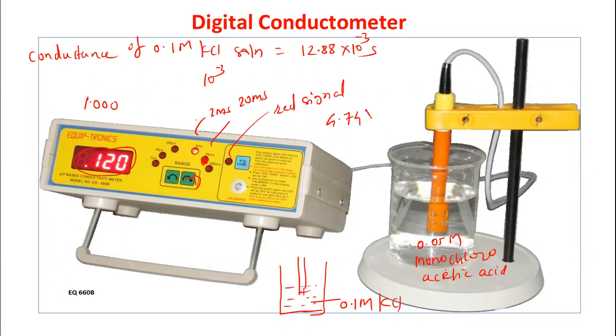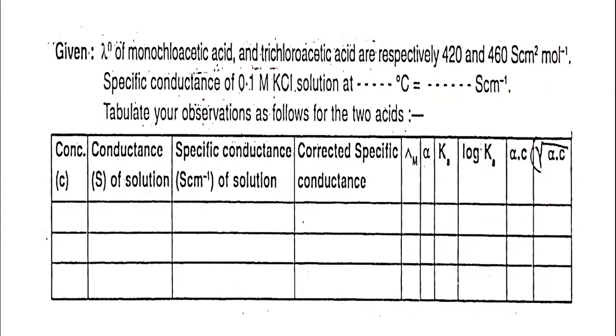Suppose this reading is 4.74 into 10 raised to minus 3. Now it is in siemens. We have to multiply it by 10 raised to minus 3 because we are taking the reading in millisiemens, to convert into siemens. In the observation table, we have to write that reading.